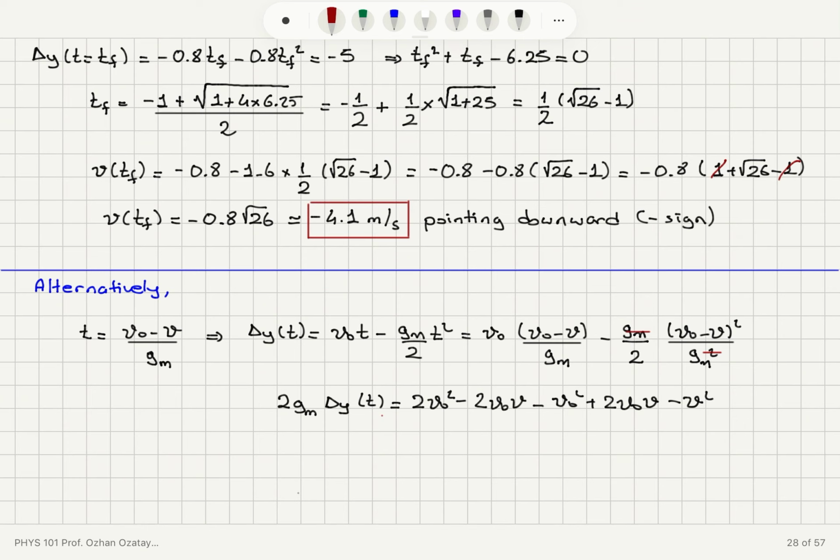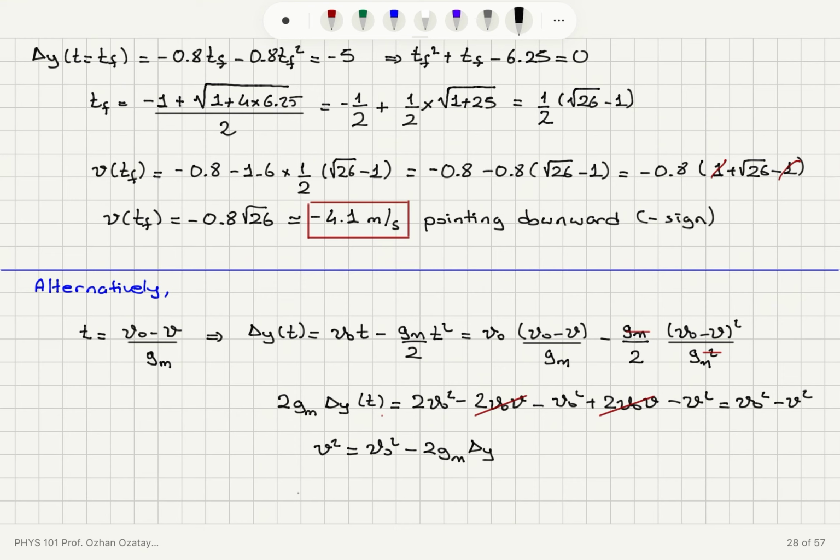And with that, we're going to have a cancellation, minus 2v0v and plus 2v0v. So this will give us 2v0 squared minus v0 squared is v0 squared, and then I have minus v squared. So I obtain v squared is equal to v0 squared minus 2gm delta y.